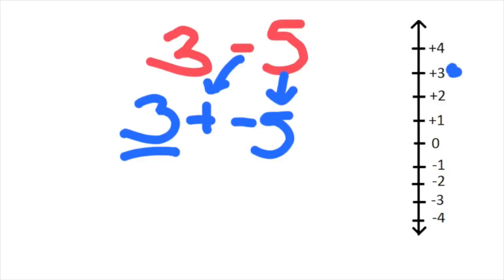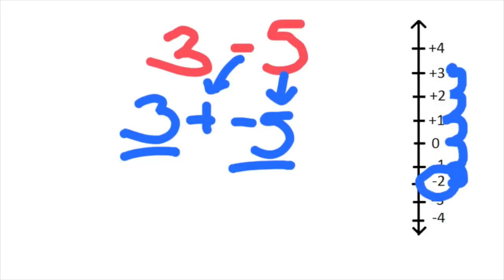So we're starting at 3, and we're adding 5 negatives. And negative is going to make you go down. So 1, 2, 3, 4, 5. That means we finished at negative 2. So 3 minus 5 is negative 2.